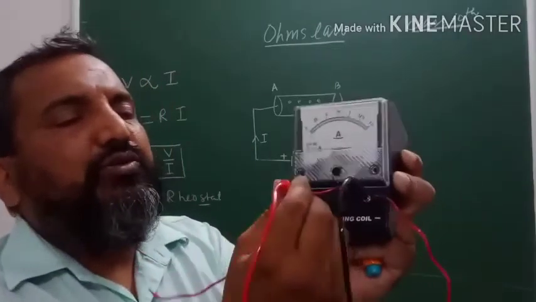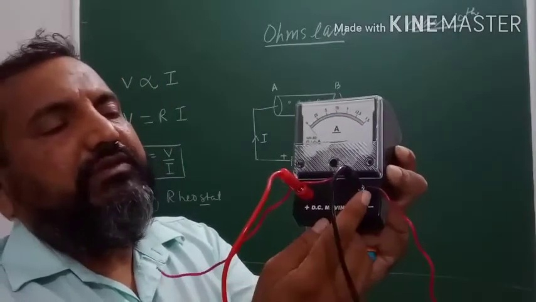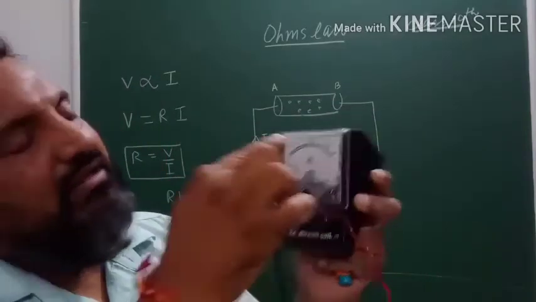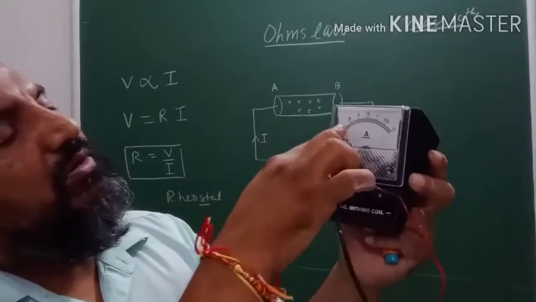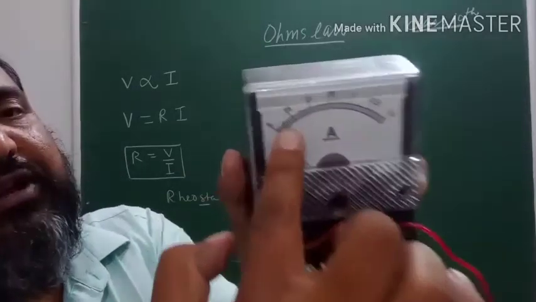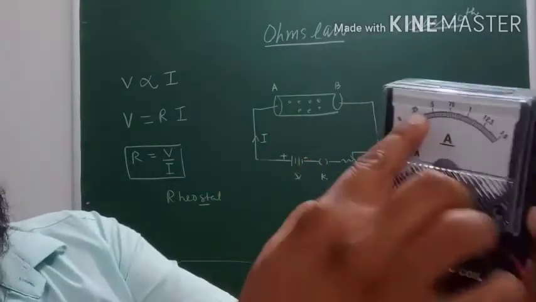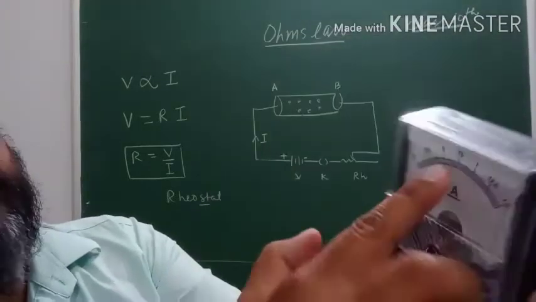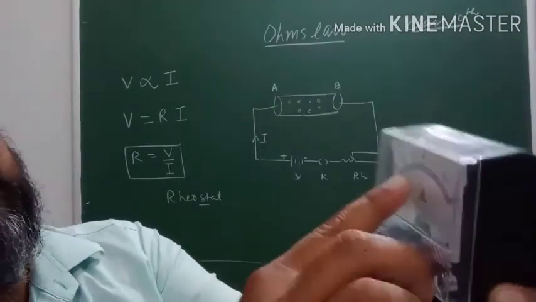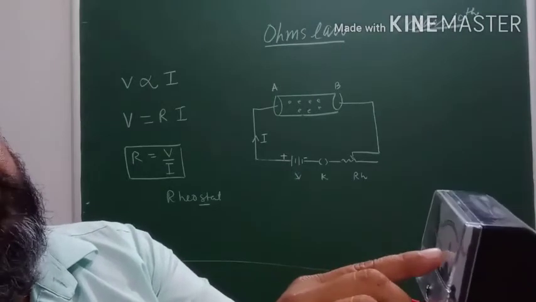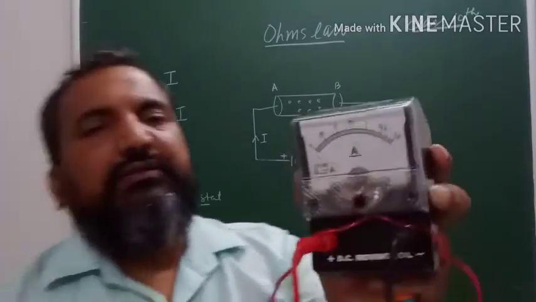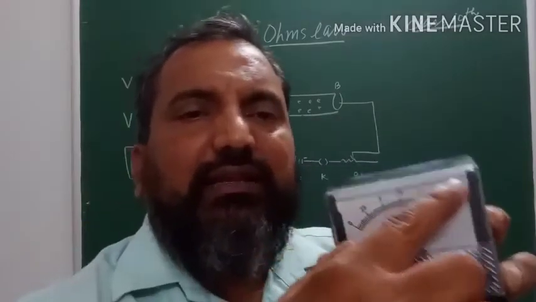It has two terminals, one positive and another negative, and this is the scale: 0, 0.25, 0.5, 0.75, 1, 1.25 and 1.5. That is the scale of this ammeter.